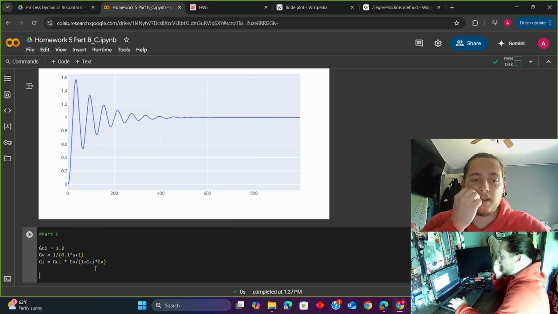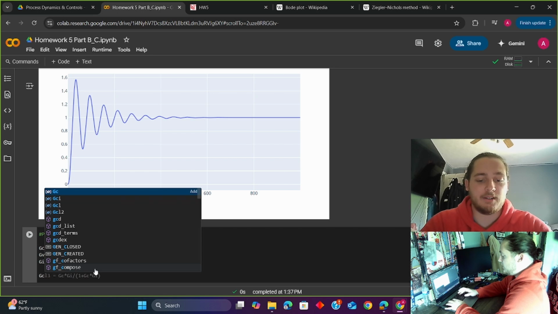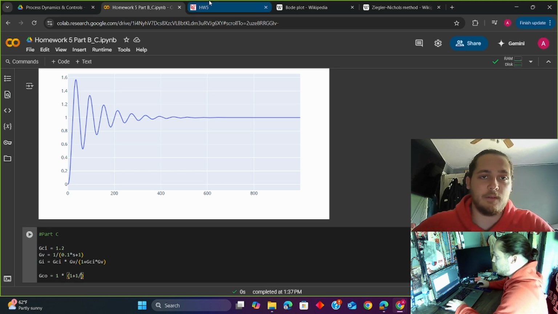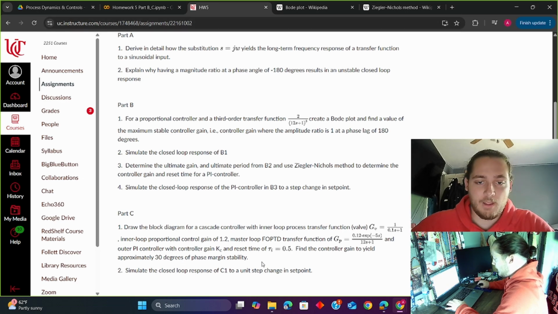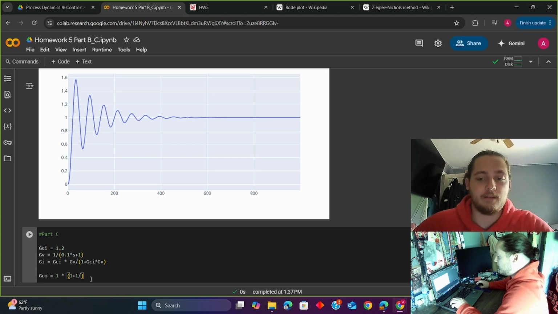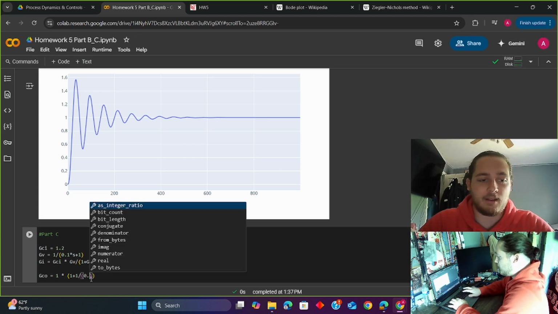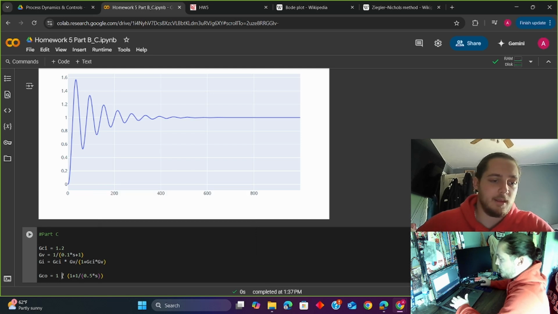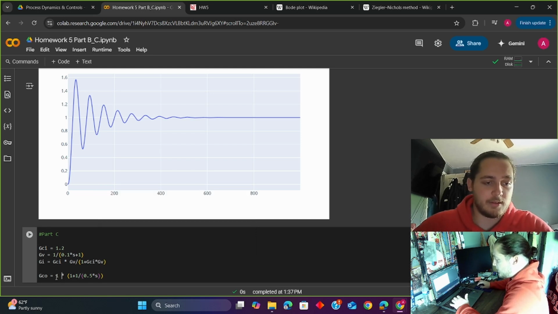So next we can go ahead and code in our GC for our outer, and this is going to be equal to our KC value of 1 times 1 plus 1 over our reset time of 0.5 times S, and our 1 here is what is going to be our variable that we are changing.